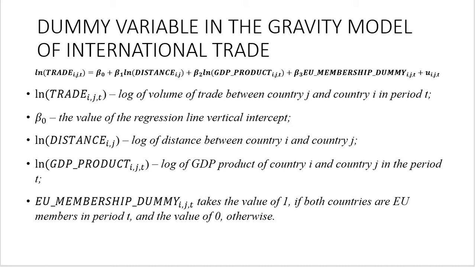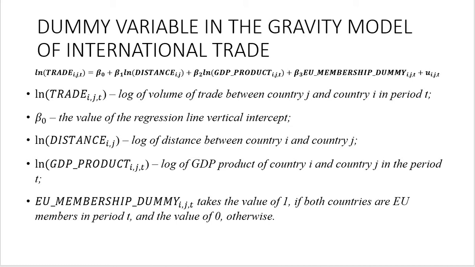The natural logarithm of distance is expected to have a negative coefficient because we assume that geographical distance affects international trade volume negatively. We expect beta 2 to be positive because we assume that the economic weight of trade partners affects the volume of international trade positively.